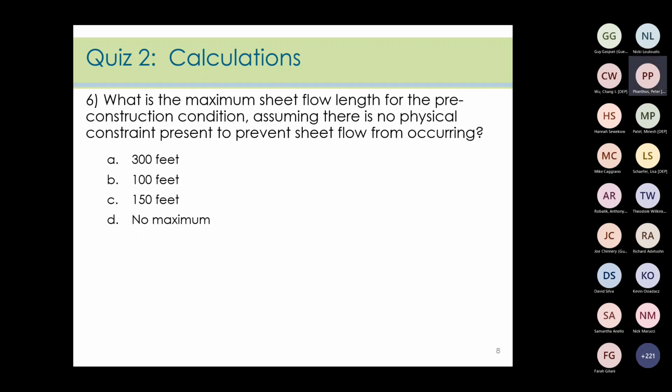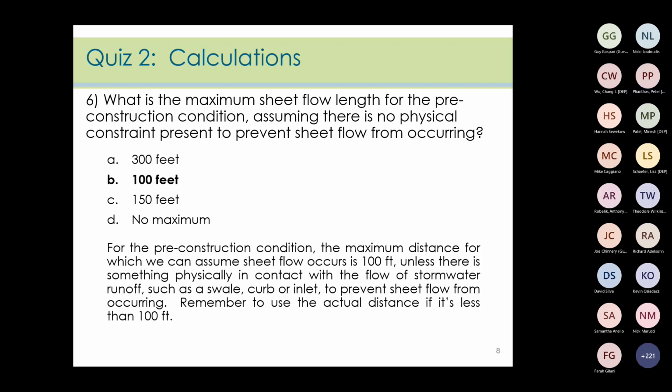Number 6. What is the maximum sheet flow length for the pre-construction condition, assuming there is no physical constraint present to prevent sheet flow from occurring? 100 feet is the correct answer. For the pre-construction condition, the maximum distance for which we can assume sheet flow occurs is 100 feet, unless there is something physically in contact with the flow of stormwater runoff, such as a swale, curb, or inlet, to prevent sheet flow from occurring.